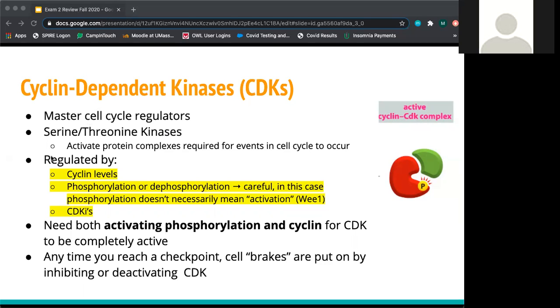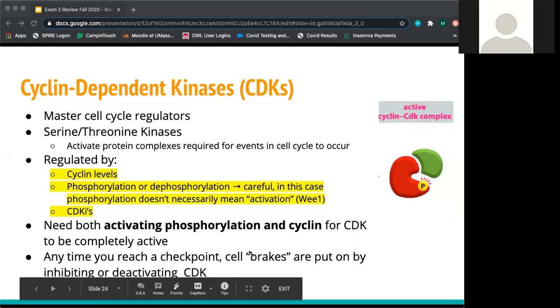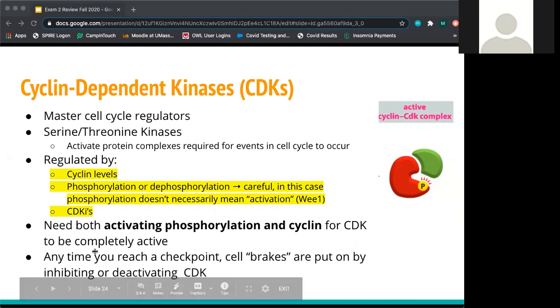You need both activating phosphorylation and cyclin for CDK to be completely active. Anytime you reach a checkpoint, the cell will put a brake by inhibiting or deactivating CDK, and check to see if there's any damage to the cell that keeps it from going forward.